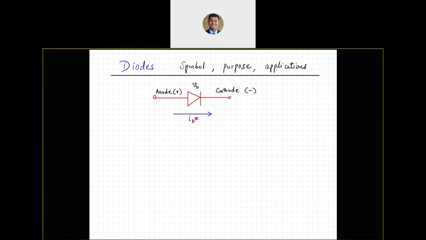Notice over here, I've indicated that the current through the diode is always going to go from the anode to cathode. And the reason why this happens is we have constructed the diode to exactly give us that functionality, to allow current to flow only in one direction. So diodes basically do that.